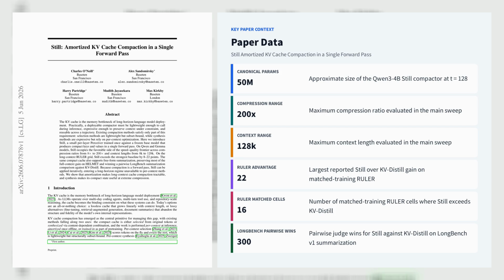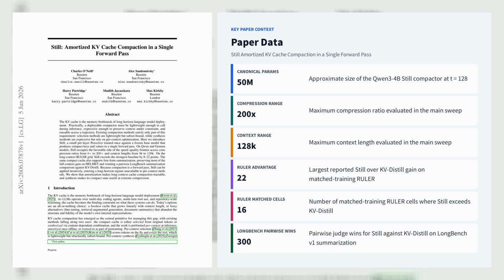And on the long context RULER grid, it exceeds KV-Distill by 8 to 22 accuracy points in 16 of 18 matched training cells. In freeform summarization, it preserves 94-95% of the full context gain on HELMET Multi-LexSum from 8K to 64K, and wins 300 of 500 pairwise judgments against KV-Distill on LongBench v1, GovReport, and QMSum at Stock.